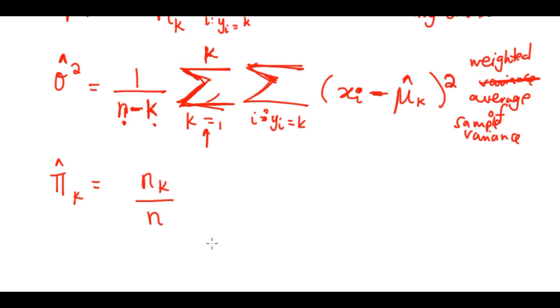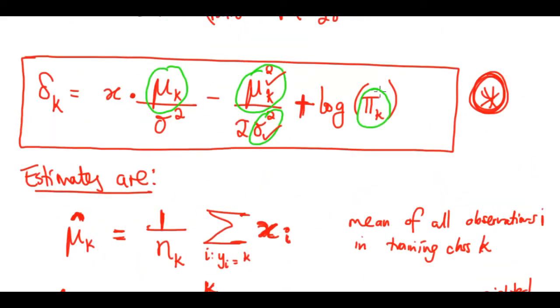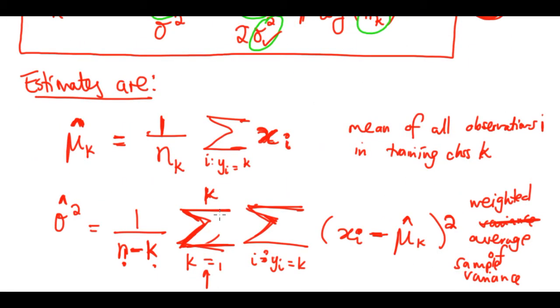Easy. Now we have this one here. So now we have all our estimates from LDA. When we have our estimates in LDA, we then just plug them into the equation, that equation that we had.